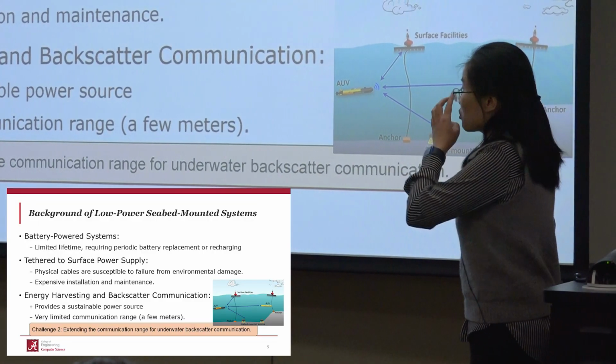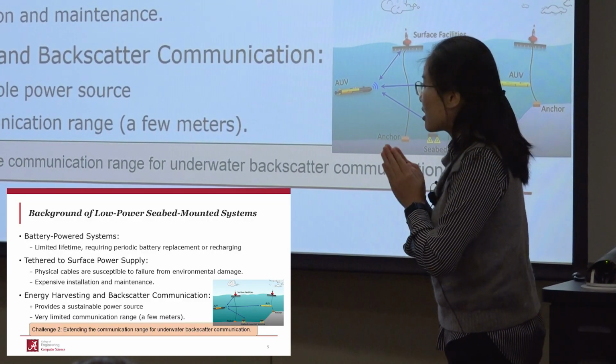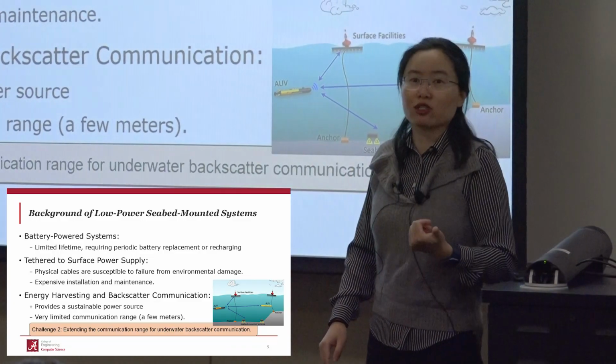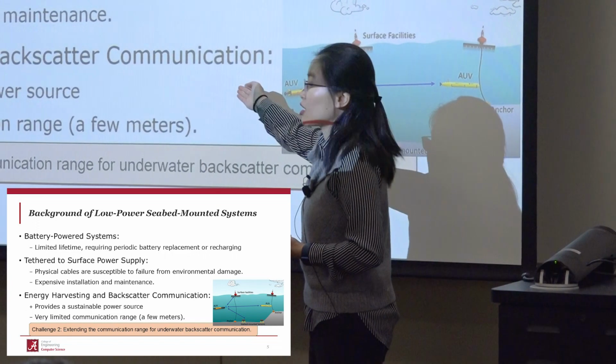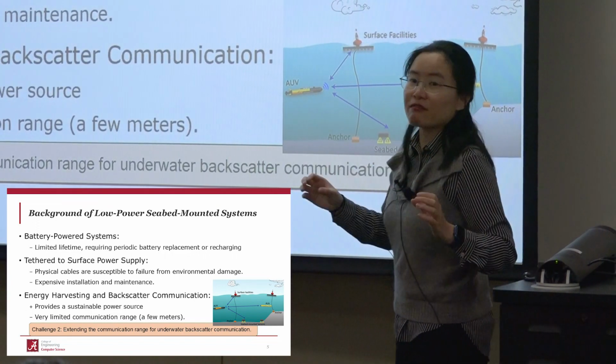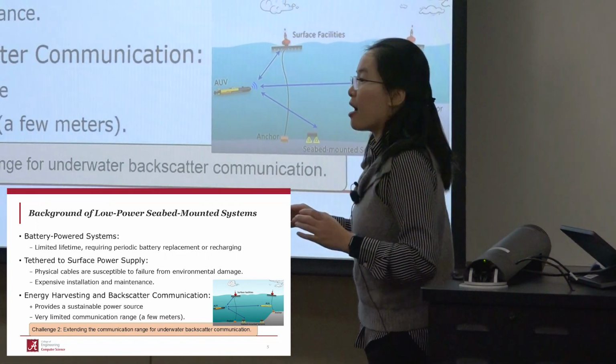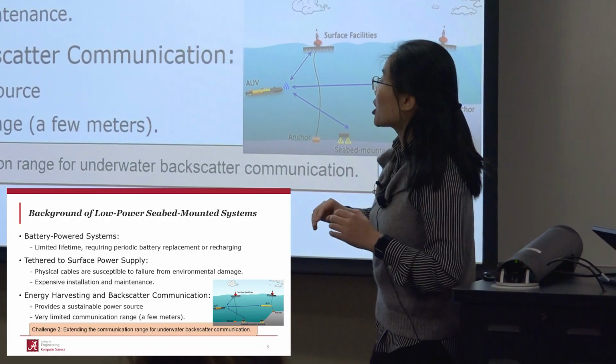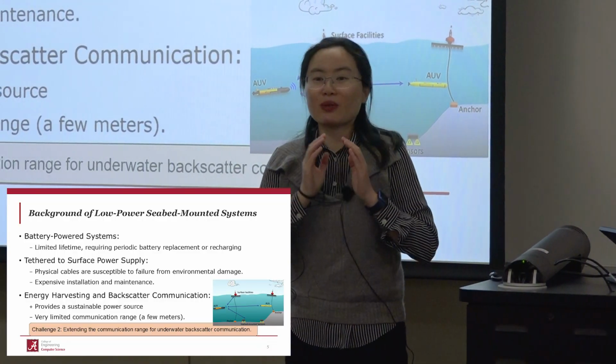So with such a limited power supply, it has to use an ultra energy efficient communication solution, for example, backscatter communication, which is a passive communication solution. With backscatter communication, the communication range is only a few meters.